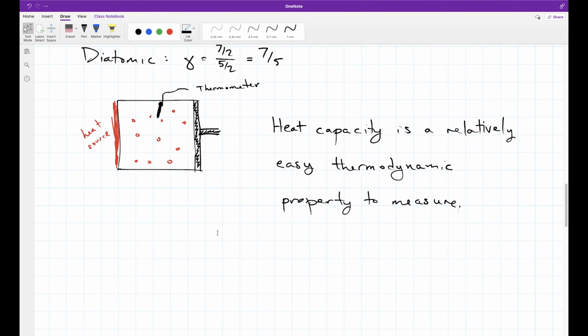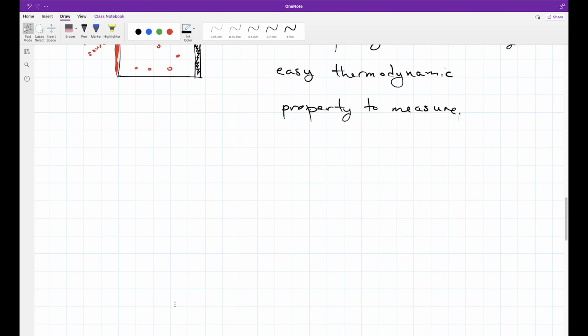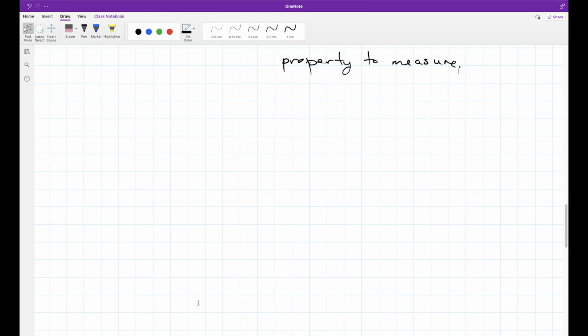And it actually tells us a reasonably large amount of information about the gas that we're working with. So we can define this kind of ratio for any type of gas system, not just the ideal gas.